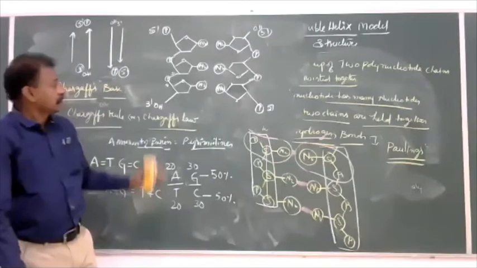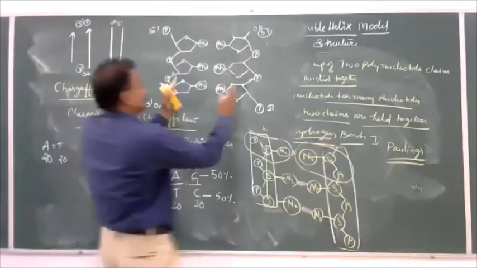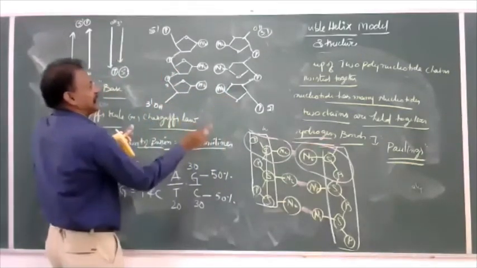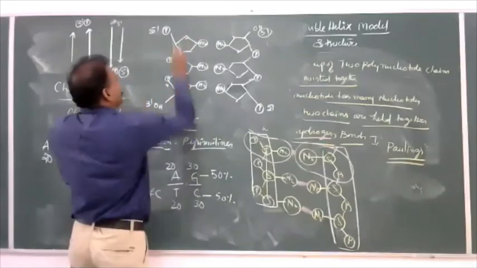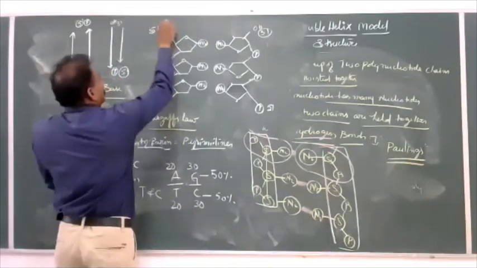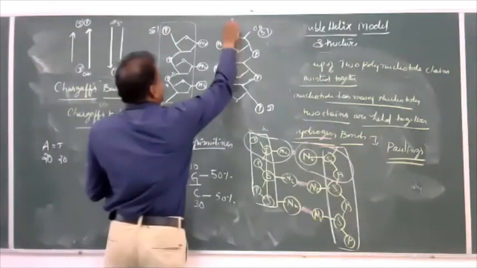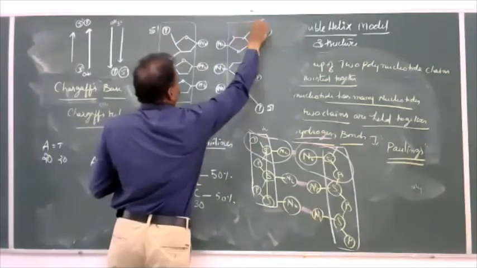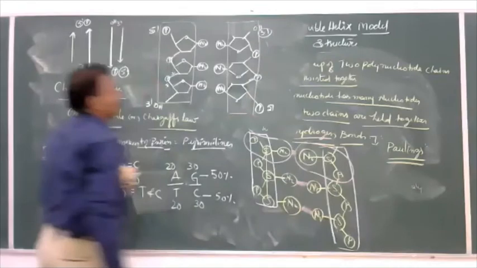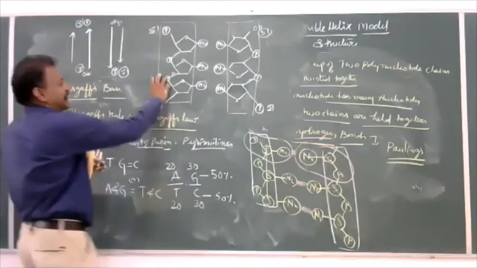So this is called two-stranded polynucleotide chains. This chain has a sugar phosphate backbone, and the other chain in reverse also has a sugar phosphate backbone, on the outside.